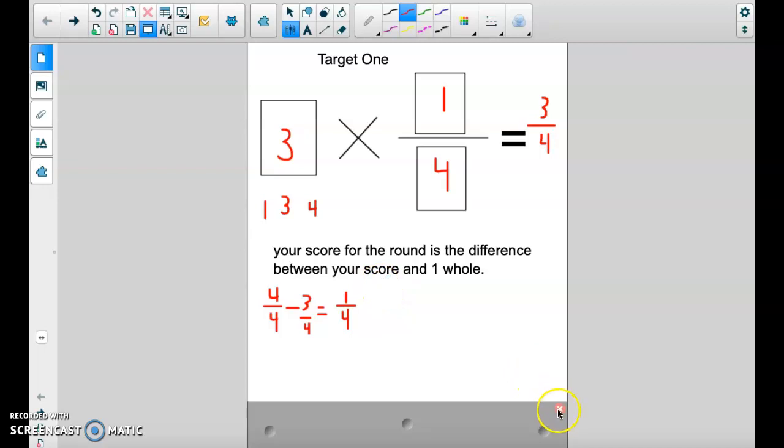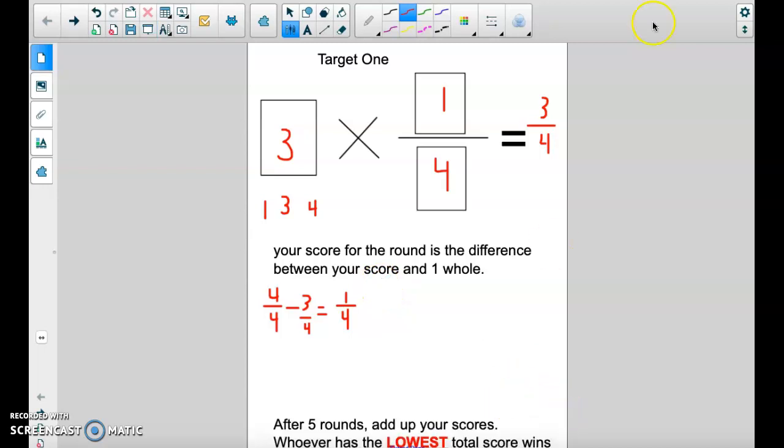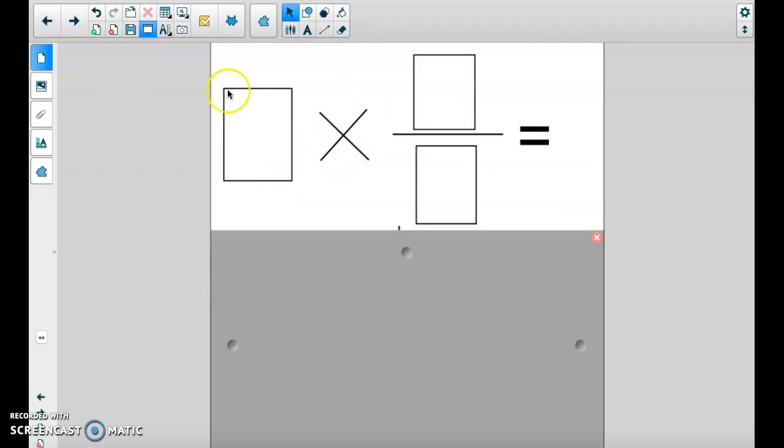Okay? Now keep in mind that whoever has the lowest score after 5 rounds, you're going to add up your scores, and whoever has the lowest total score wins the game. So if I were playing, I would want to make sure I remember this.